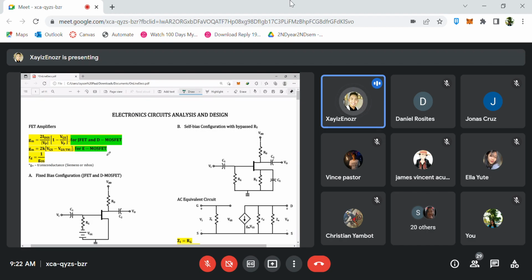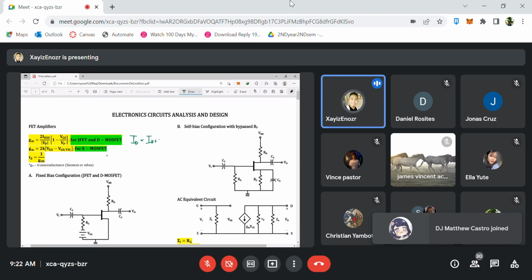So saan ba nang galing to si gm? So sabi, differentiating yung Shockley's equation for JFET and DMOSFET. So ano ba equation na yon? Yung ID is equal to IDSS multiplied by 1 minus VGS over VP quantity squared. Okay?